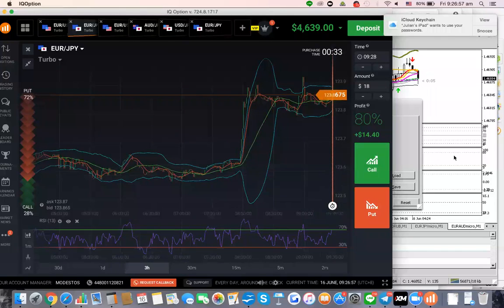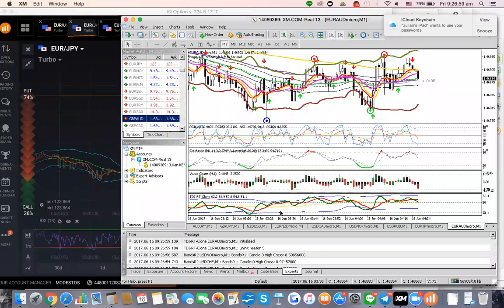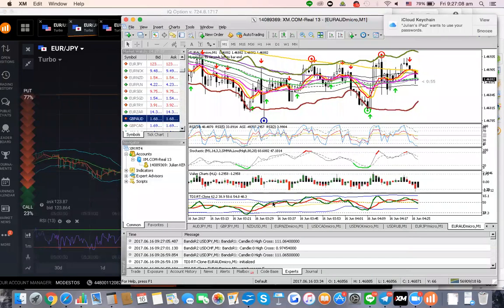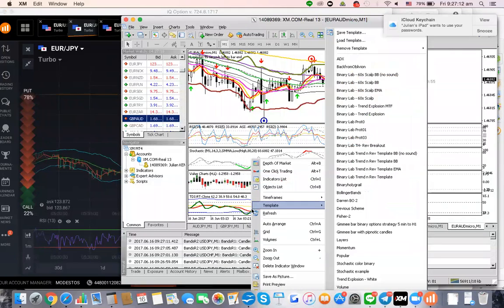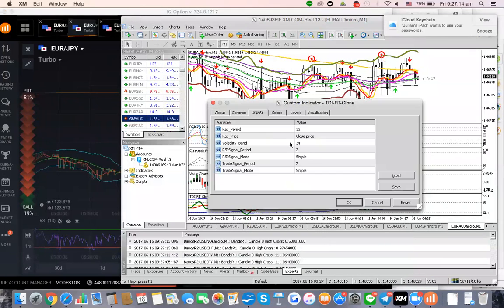How that works out over here is that that's actually your red line. So this is the red line that you're looking at. That's the RSI 13 at work. And then we have a moving average. The moving average inside here is the 7.